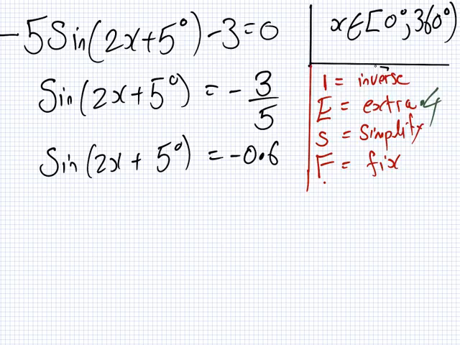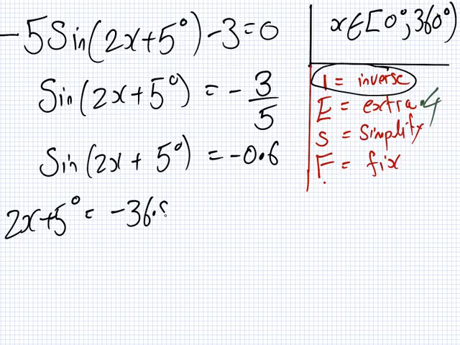So now I'm ready for the first step, which is the inverse. If I type in sine inverse of -0.6, I'll get 2x plus 5 equals -36.87, or the second answer is 180 minus the first answer.